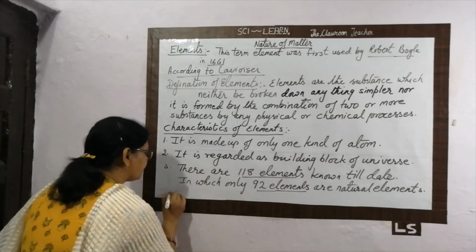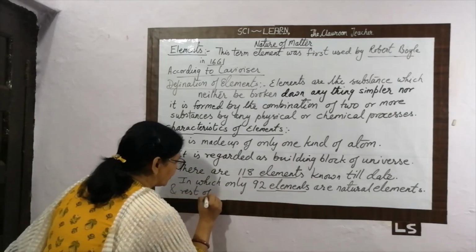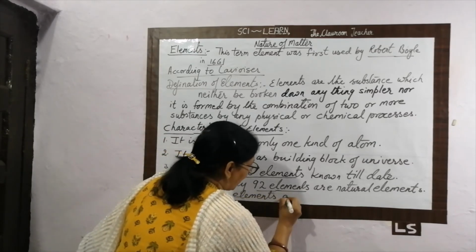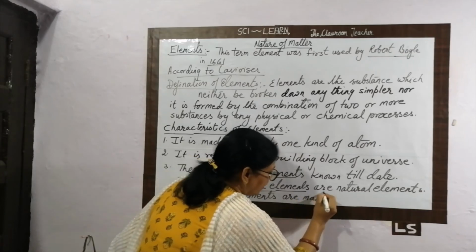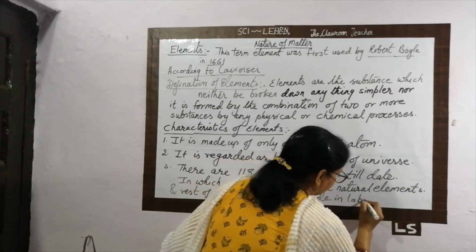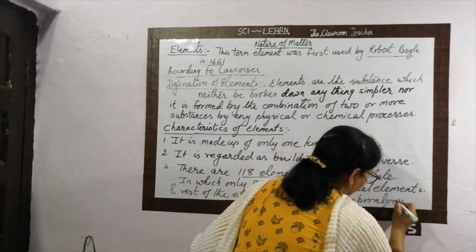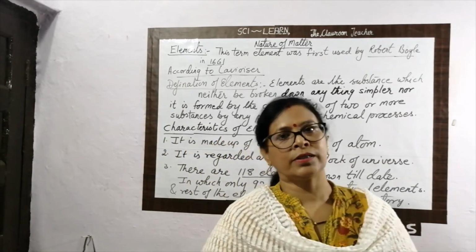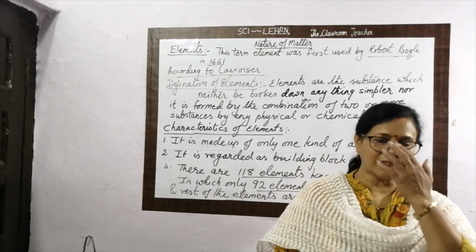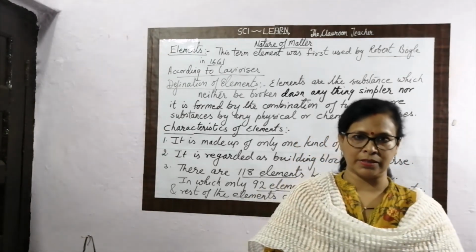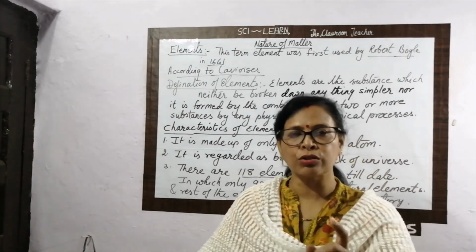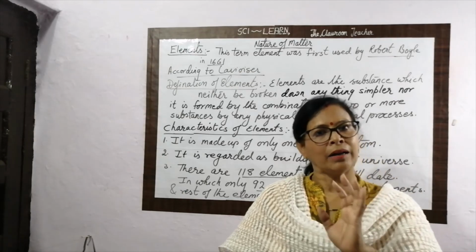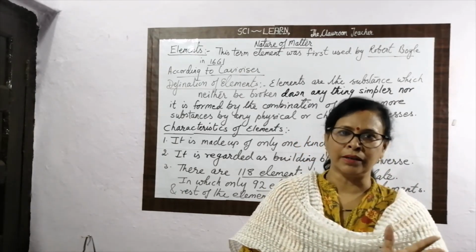The rest of the elements are man-made, made in a laboratory. So what is the question now? What is the reason, sir? There are 118 known elements, out of which 92 are called naturally occurring elements, and the rest are called man-made elements because they are made in a laboratory.